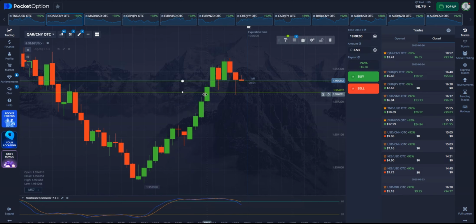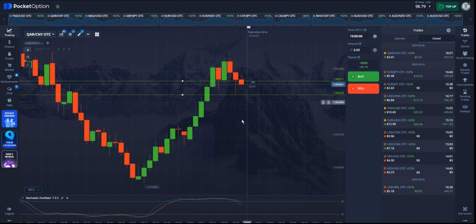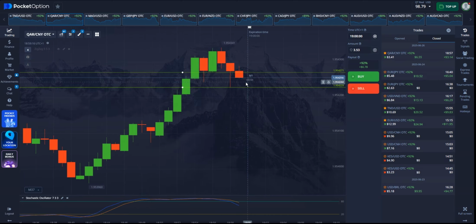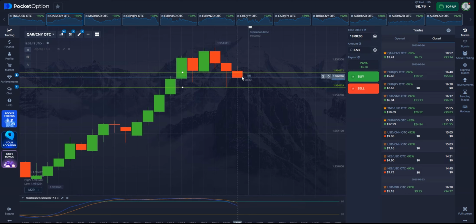Okay, let me see what's going on there. Now I just need the candle to break the support. Following normal support and resistance lines, many people will say because this candle respected this support point, they will click a buy.